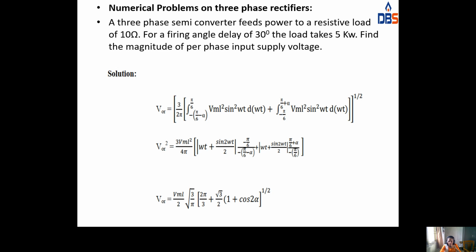By simplifying this, we get 3 Vm square by 4 pi times omega t plus sin 2 omega t by 2 evaluated over the limits. So V rms equals Vm by 2 times the square root of 3 by 2 pi plus root 3 by 2 times (1 plus cos 2 alpha). So this is the V rms voltage.